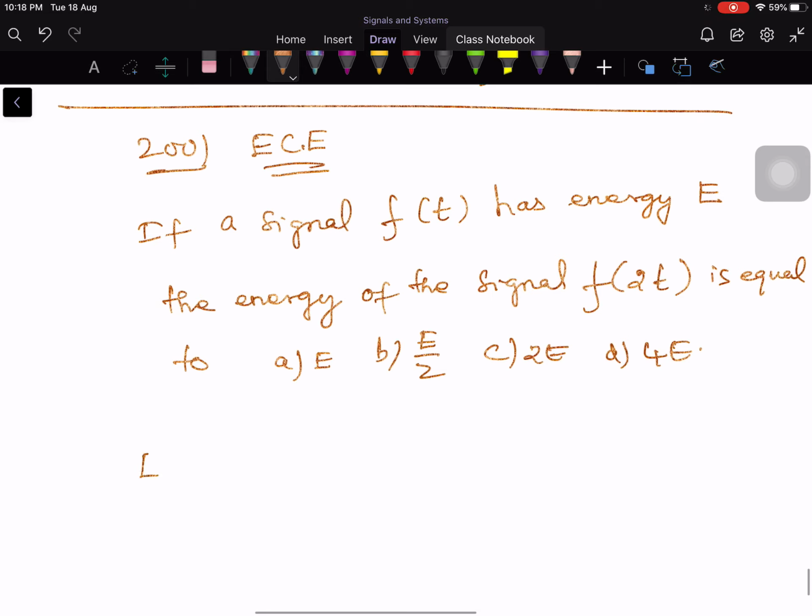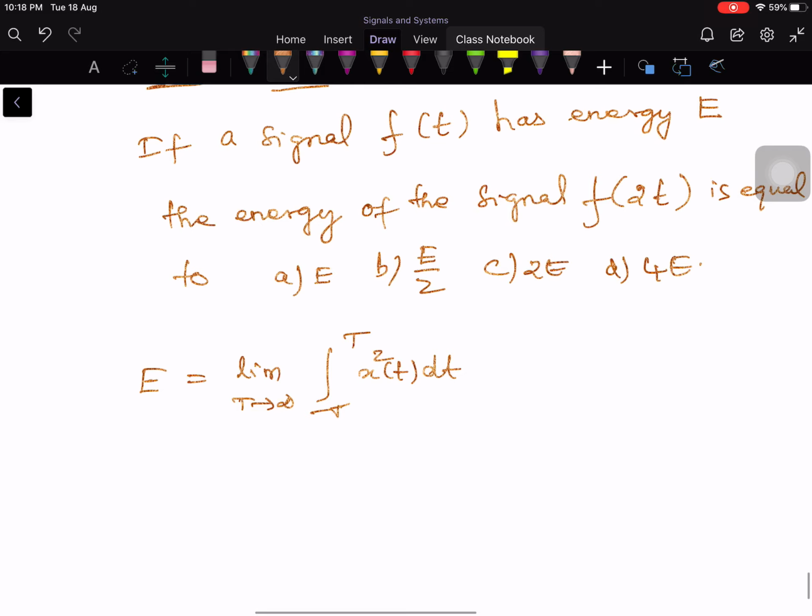Okay, we know the formula. E is equal to limit t goes to infinity, integral from minus t to plus t, x squared of t times dt. Okay, now what you do is you substitute the x of t. X of t is nothing but f of t. So in this case, this is the energy of the signal, limit t goes to infinity integral from minus t to plus t f square of t times dt.